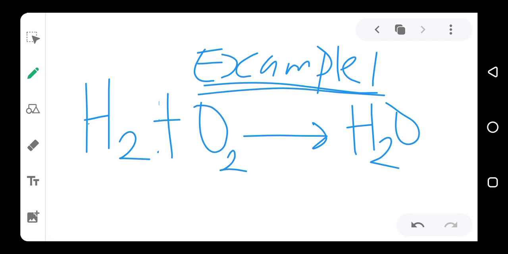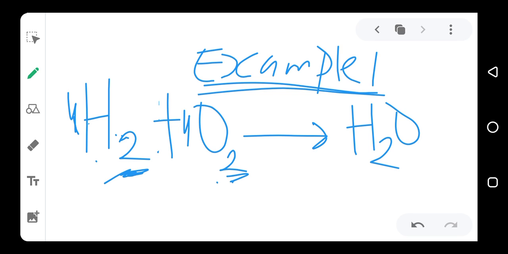Now here we have hydrogen molecule, that is H2, and we have oxygen molecule, O2. These two, H2 here, assuming that there is no 2 here, we should not put anything here. We should not touch this side in balancing the equation. Anything we want to put is going to be in front of the element or the compound here.